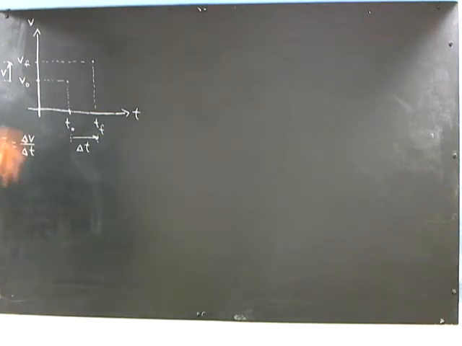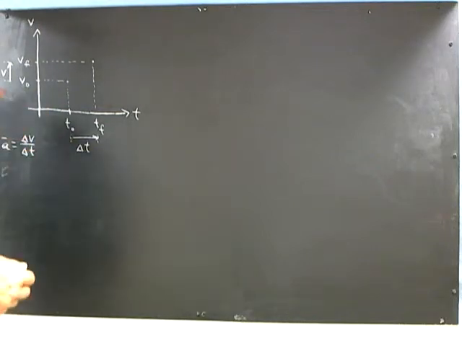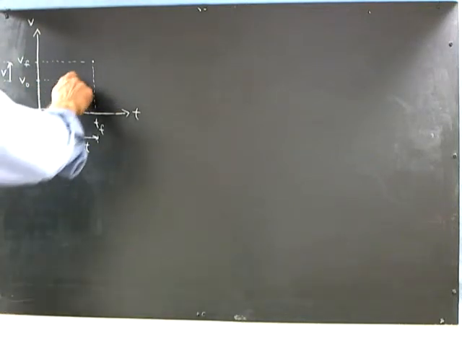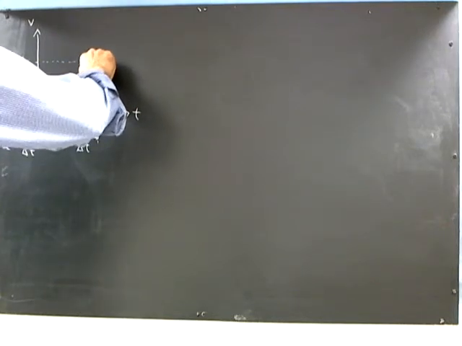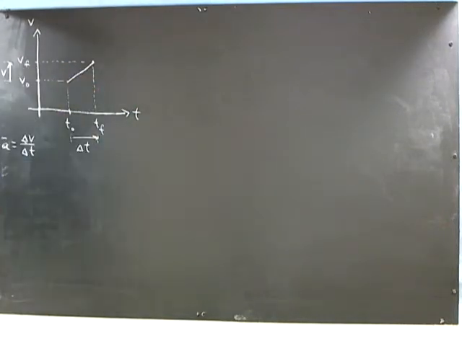Now we don't necessarily know what the object does between this event and this event, but let's assume that the velocity is behaving continuously and that this is a small time interval and a small change in velocity, and then assume that the graph doesn't deviate much from the straight line between these 2 points.